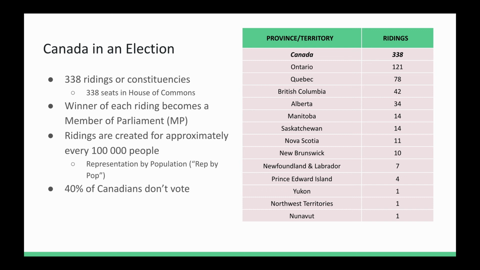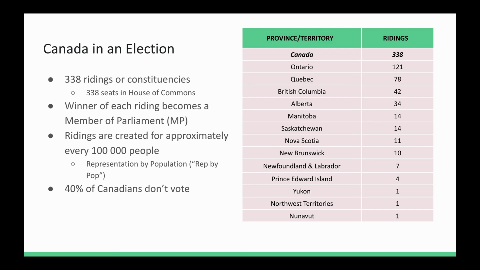Currently, we have 338 different ridings, or constituencies, you can also call them, which equates to 338 seats in the House of Commons. Each riding equals 1 seat. And you can see here on the table on the right-hand side, from the largest provinces down to the smallest territories, how many ridings are represented in each of these areas.